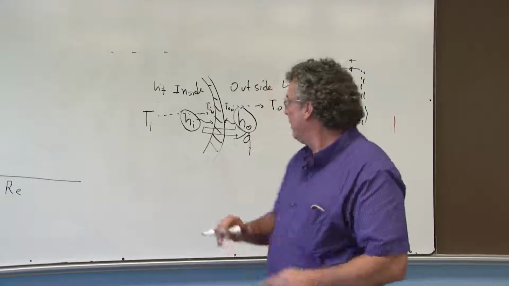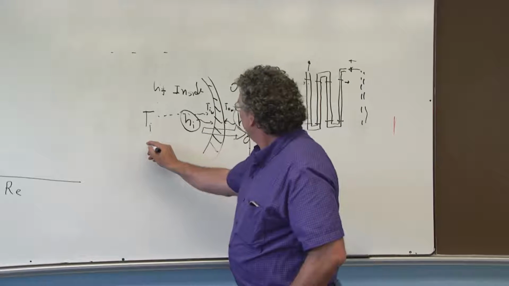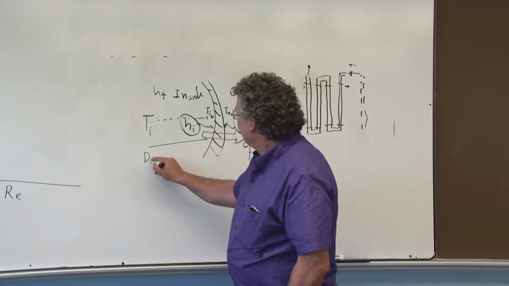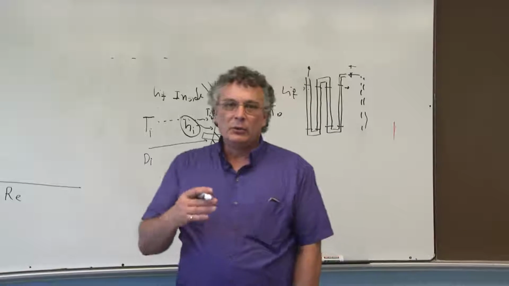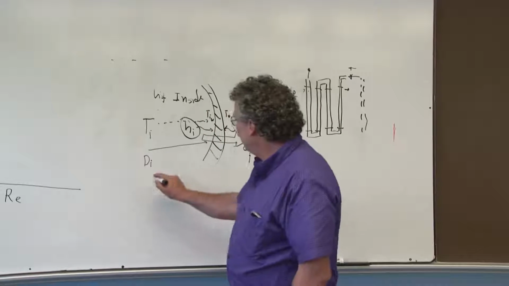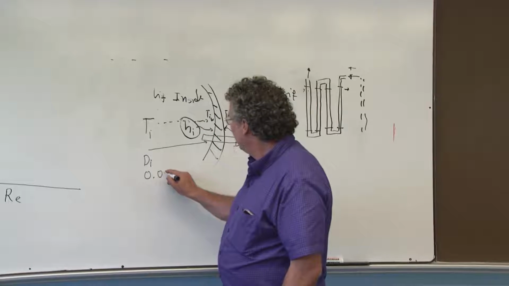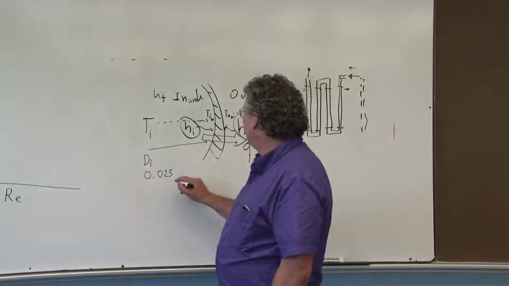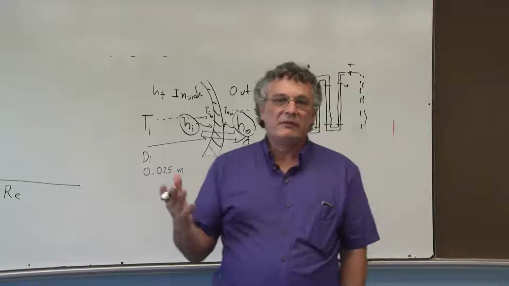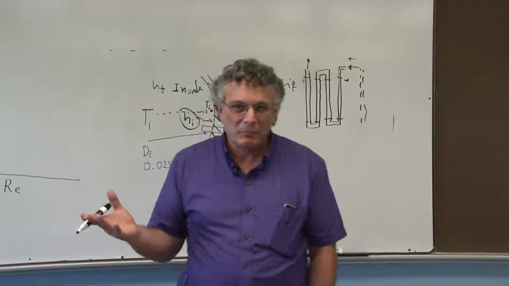of the pipes. For example, this internal pipe here has an internal diameter that corresponds to a nominal copper pipe of 1 inch, and that is 0.025 meters, or 2.5 centimeters, close to an inch.